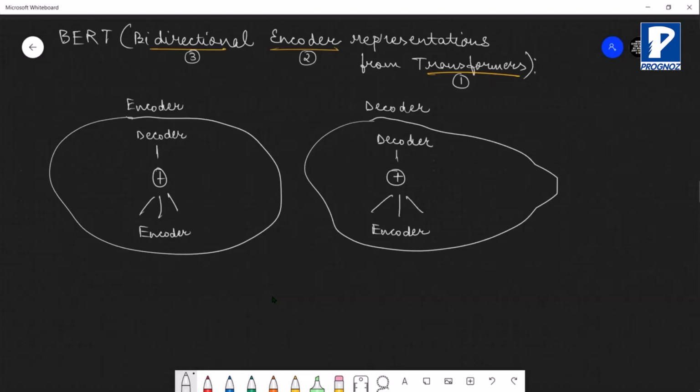Simple as that. So the transformer part is done, the encoder-decoder part is done.